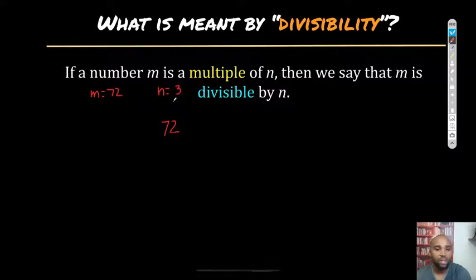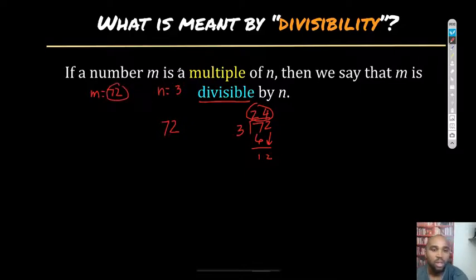So if 72 is a multiple of 3, then it should be divisible, which means I should be able to divide 72 by 3 and get a whole number. 3 goes into 7 twice. 7 minus 6 is 1. Bring down my 2. 3 goes into 12 4 times, without a remainder, so I end up with 24. So this is divisible because m, 72, was able to be divided by n to get a whole number.